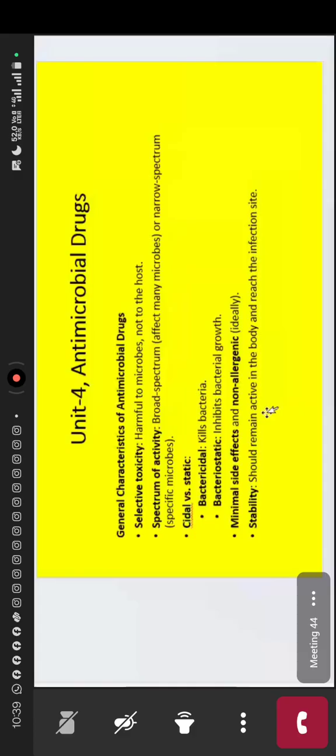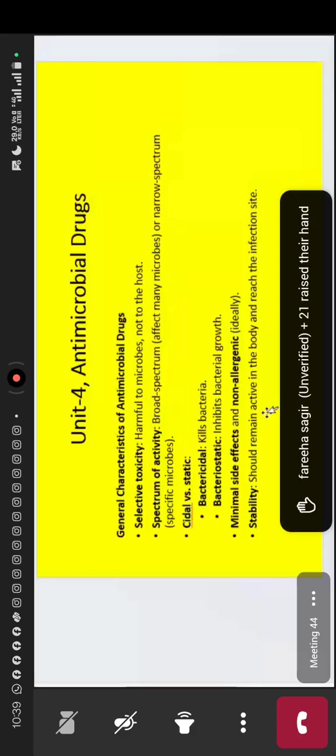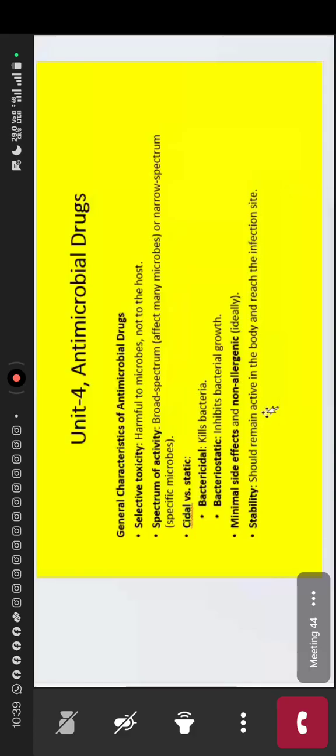They have a spectrum of activity. It means some antibiotics have a spectrum that affects many kinds of microorganisms, but some antibiotics have a narrow spectrum. It means they are used to treat infections of specific microorganisms only. If one antibiotic is used to treat multiple infections, that antibiotic has a broad spectrum.